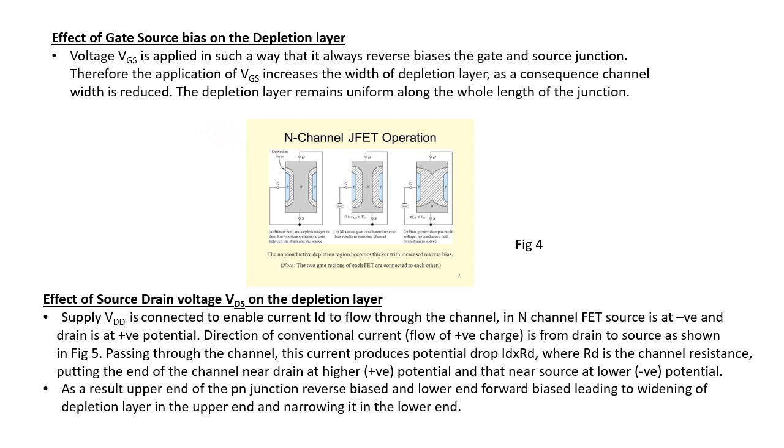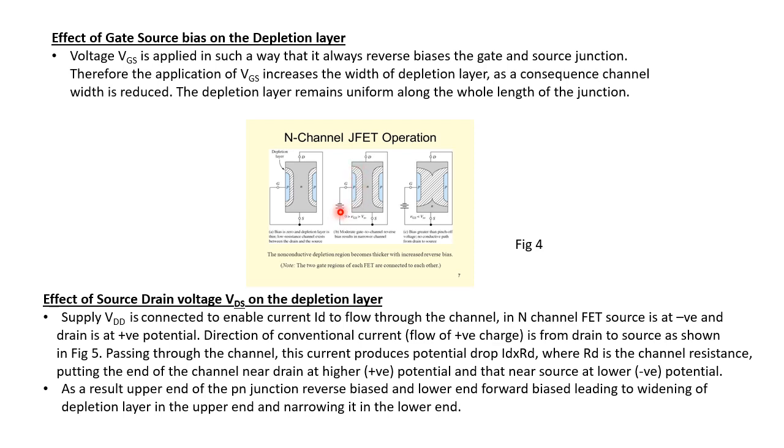Now we have to see what is the effect of the variation in the gate source voltage on the depletion layer. A uniform depletion layer is formed along the junction line, and if we increase this reverse bias, we know that when the reverse bias applied across a PN junction is increased, the width of the depletion layer increases.